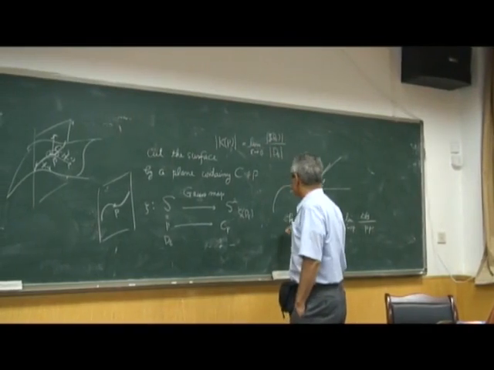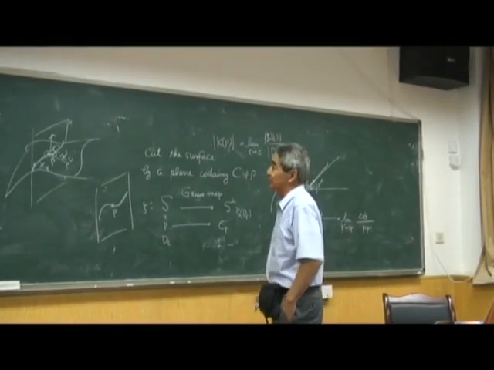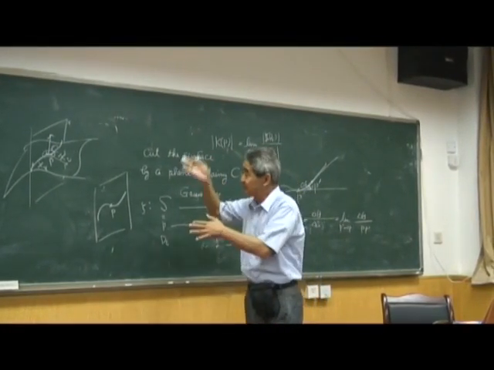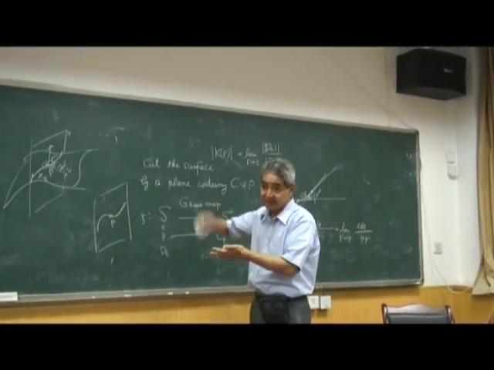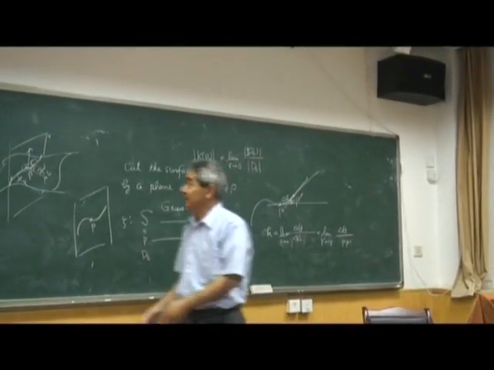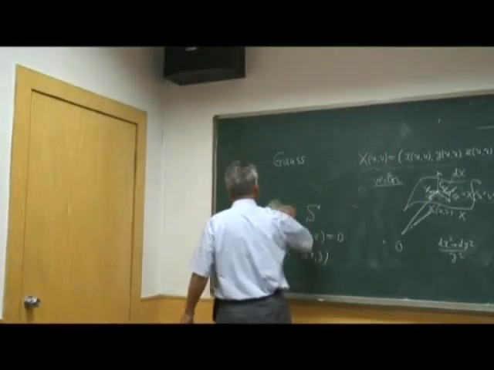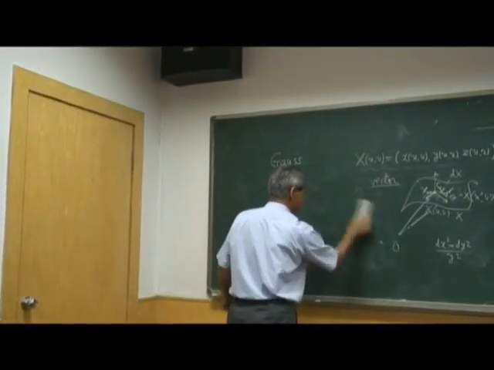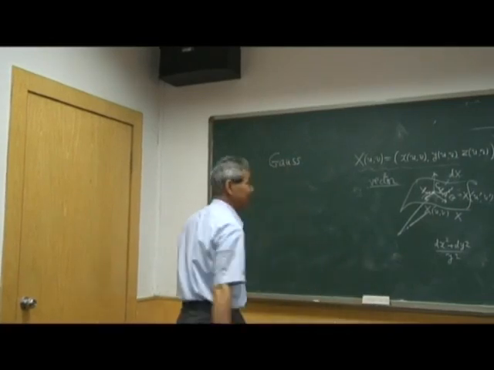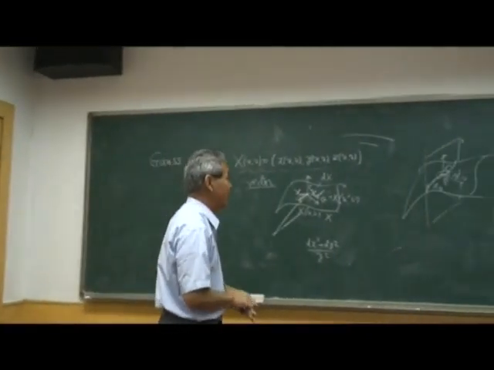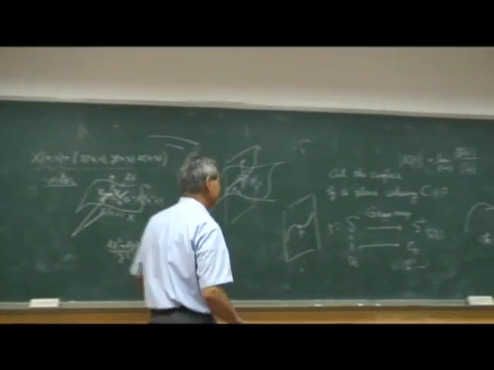So it really depends on what kind of plane you cut this. And then what Gauss found is another interesting thing. So for that purpose, we have to introduce another form.